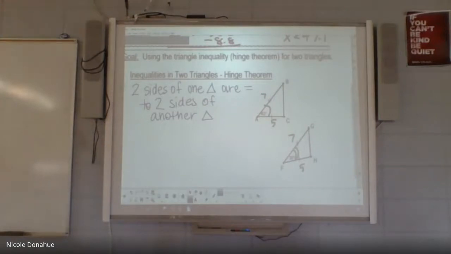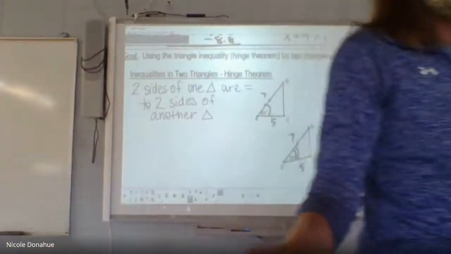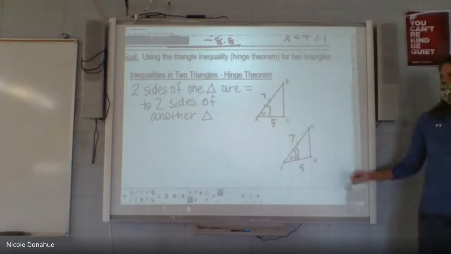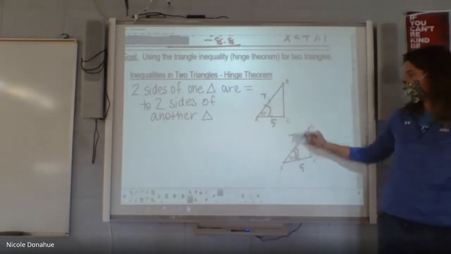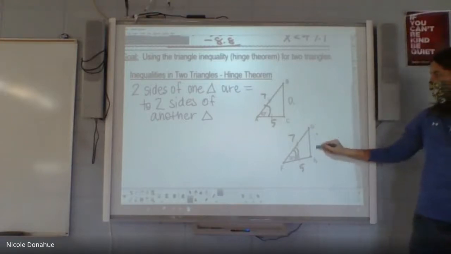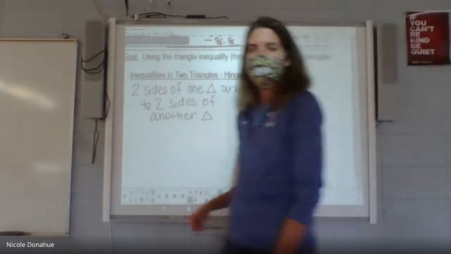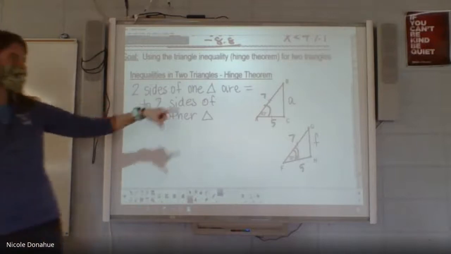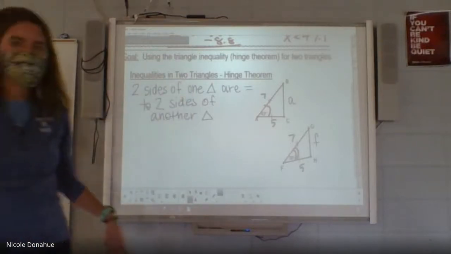So I basically have side, side. The included angle will determine the relationship between these two sides. So if I have this A and I'll call this one F here, there's going to be a relationship between those lengths.